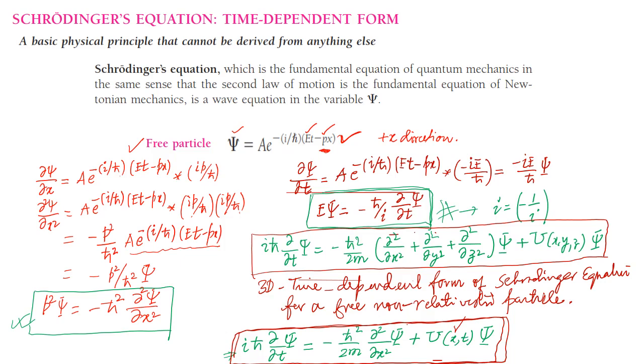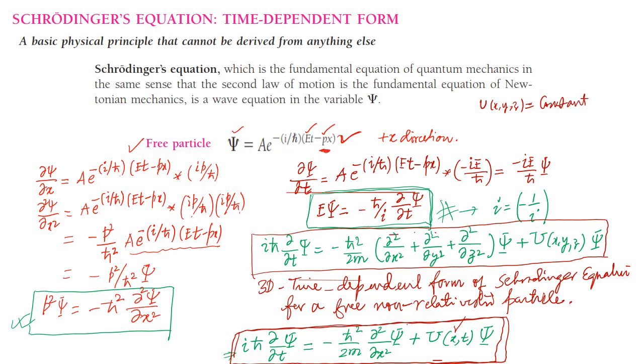Okay, so this is the Schrodinger equation which we obtained here using the wave function of a free moving particle. When I say free moving particle, that means I have put the potential, U x y z, as constant.